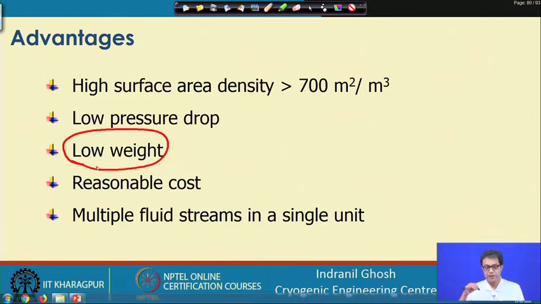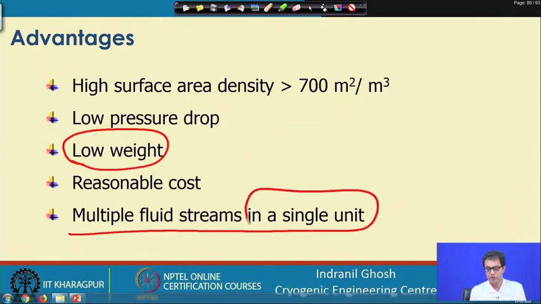And another big advantage of this particular type of heat exchanger is that it can handle a large number of streams in a single unit. So, basically that makes this plate fin type heat exchanger a multi stream heat exchanger.